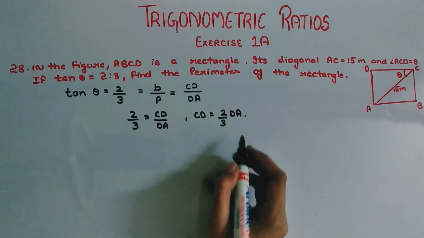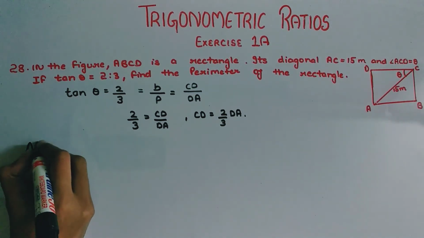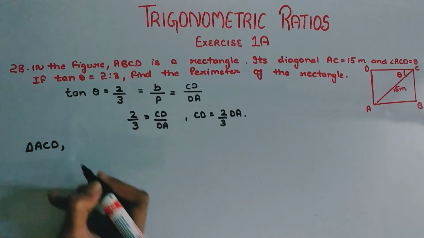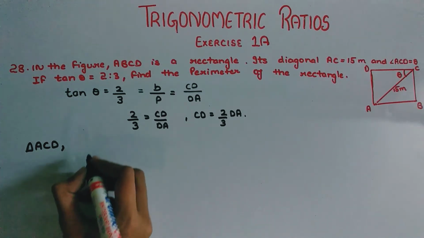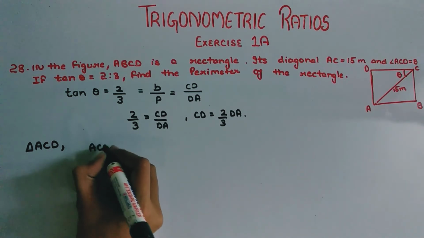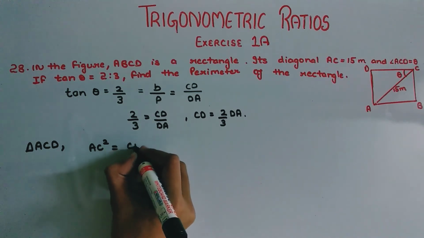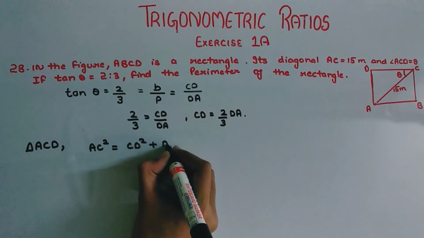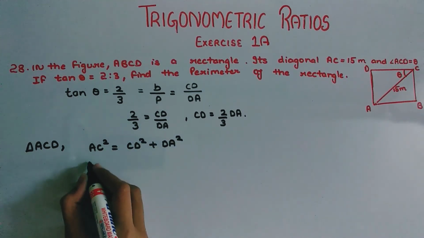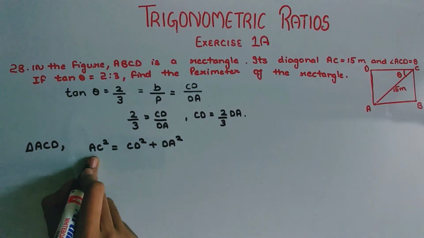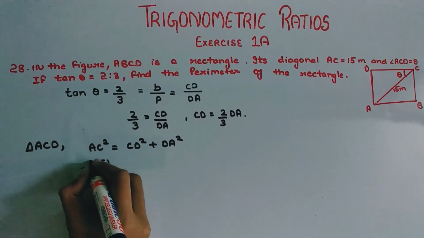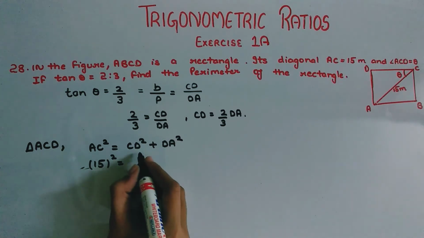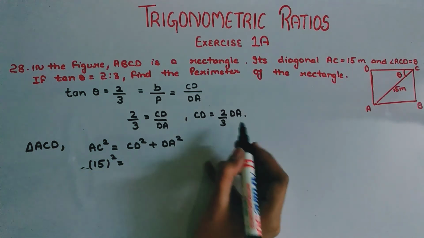Now we have triangle ACD. In this triangle, by applying Pythagoras theorem, that is AC square is equal to CD square plus DA square. AC we have is 15, that is 15 square, is equal to value of CD, that is 2 by 3 DA.